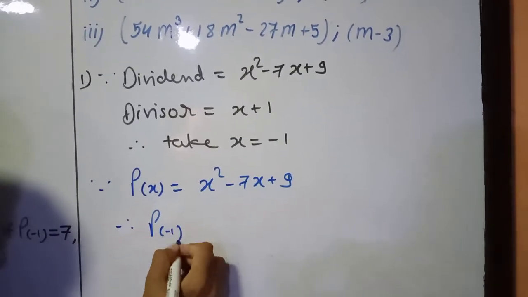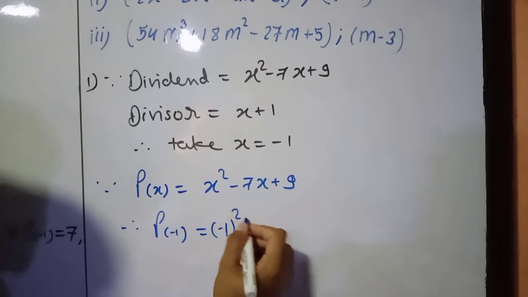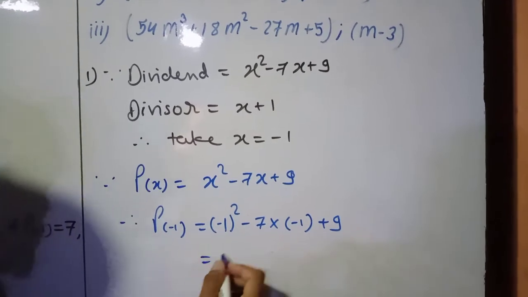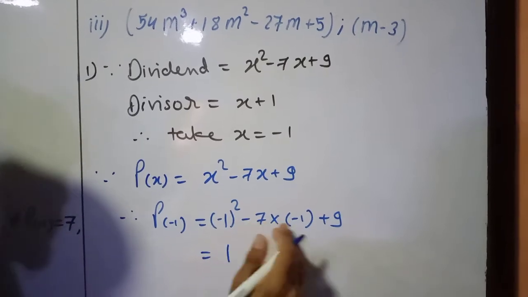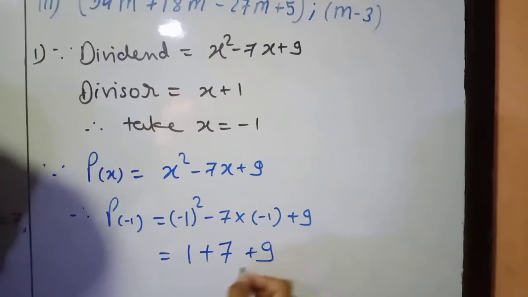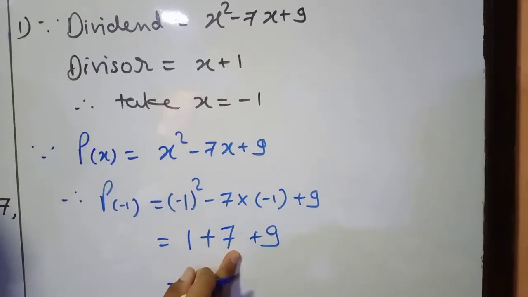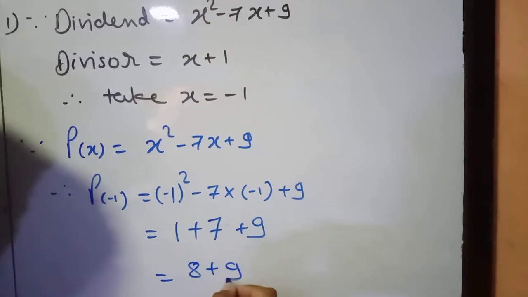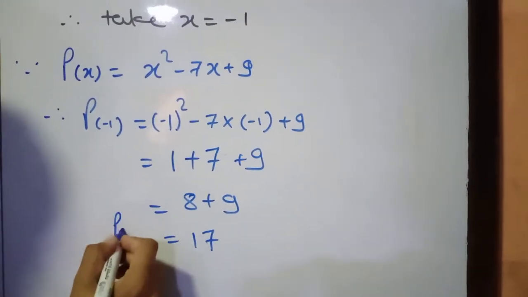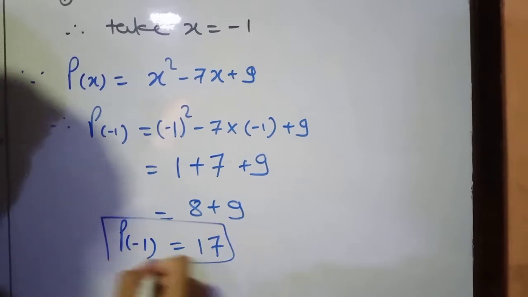Therefore p minus 1 is equal to square of -1 minus 7 into -1 plus 9. Square of -1 is 1, minus into minus becomes plus, 7 1s are 7, plus 9. 1 plus 7 is 8, plus 9, that is 17. That is nothing else, that is the value of p minus 1.